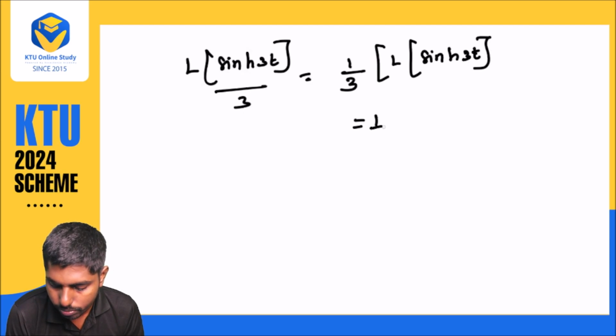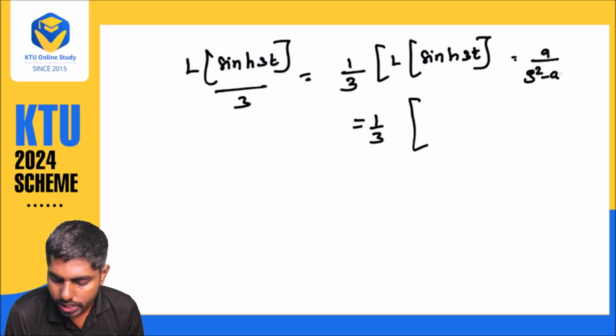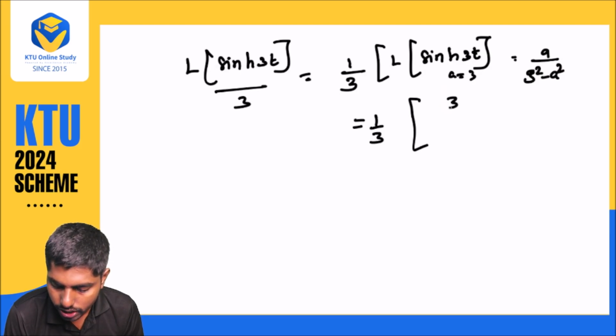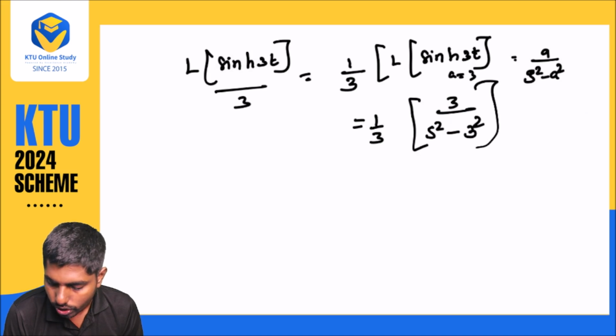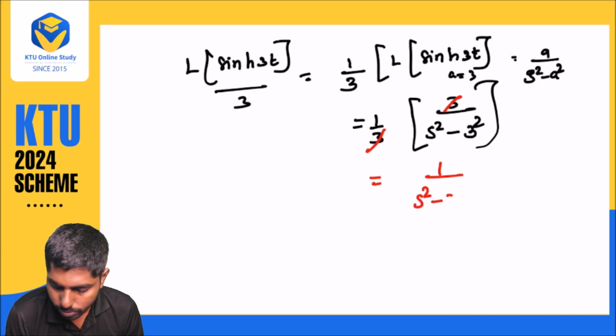What is the formula? That is nothing but a divided by x square minus a square. Here a is equal to 3. So 3 divided by x square minus 3 square. This 3 and this 3 will cancel, giving 1 divided by x square minus 3 square.